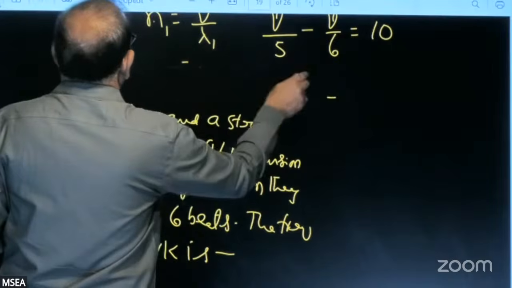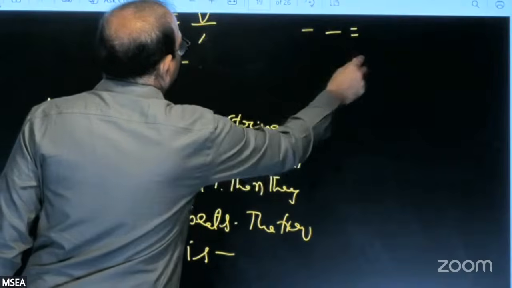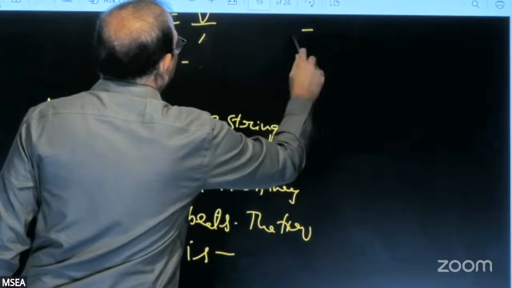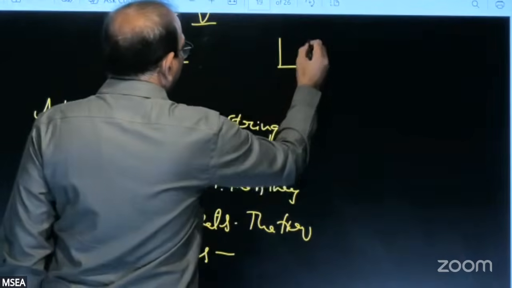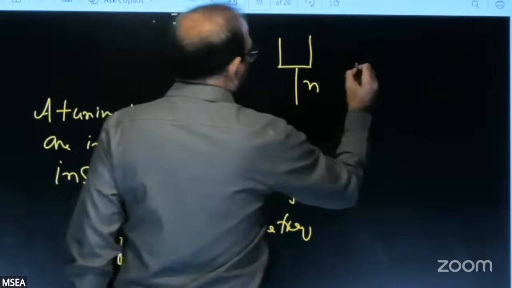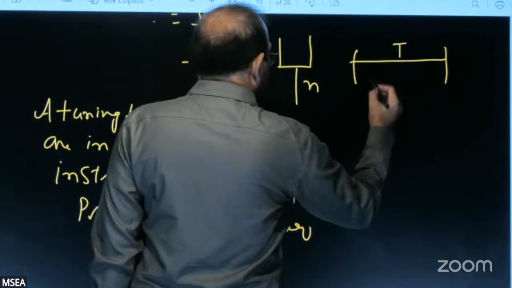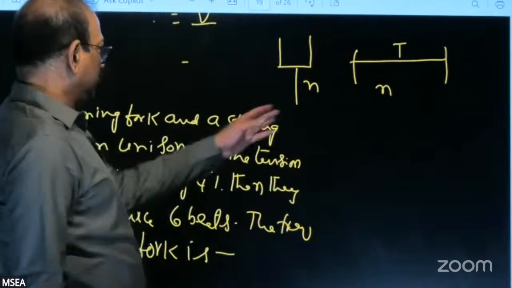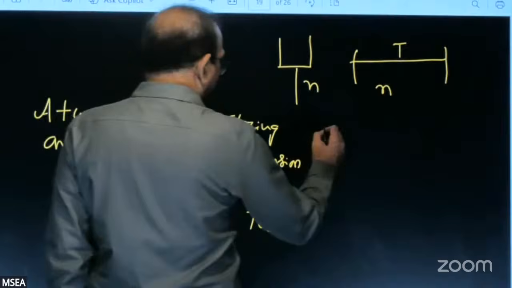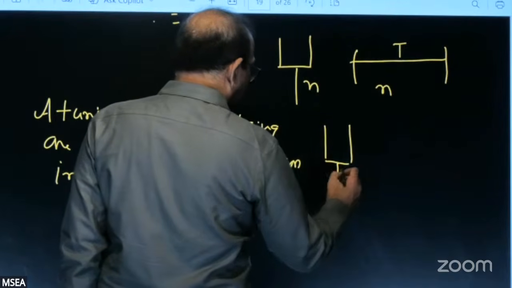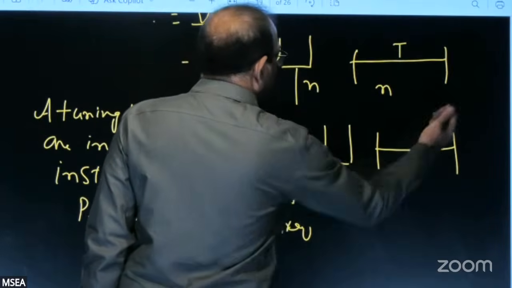They are in unison initially, means their frequencies are equal. Initially, tuning fork and stretched string have equal frequency. There is a tuning fork, its frequency N. There is a stretched string under a tension T, its frequency also N only. Unison means resonance, frequency is equal. Now tuning fork frequency stays the same as it is, and tension in this string is increased.